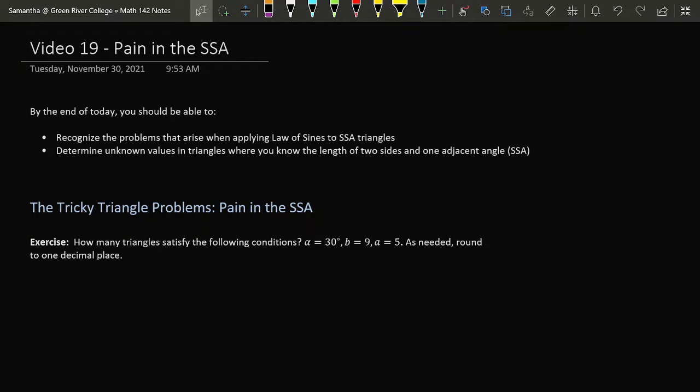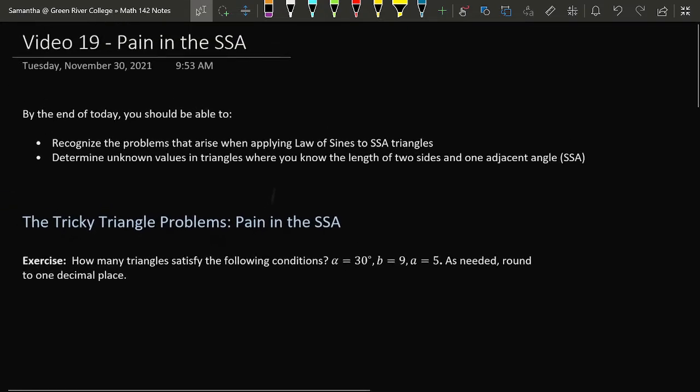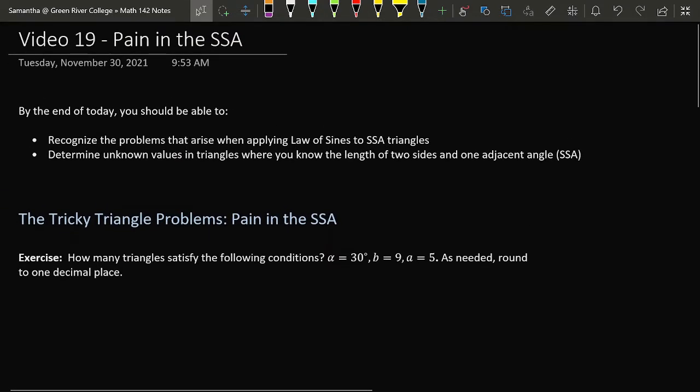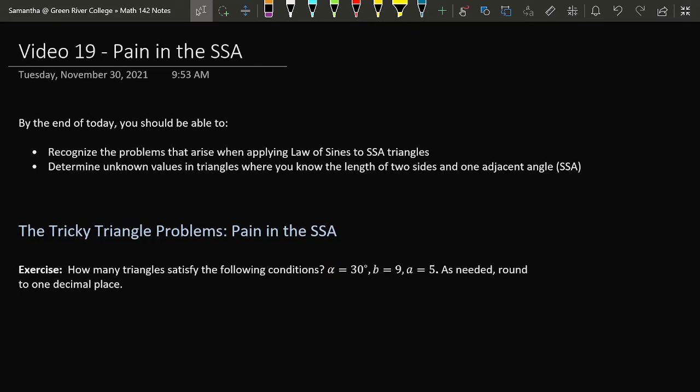And so it may or may not actually be possible to find the value of the angle by using arcsine. So that's what we're going to be considering today: ambiguous case SSA triangle problems and how to deal with that issue.